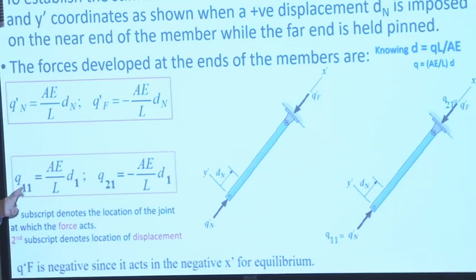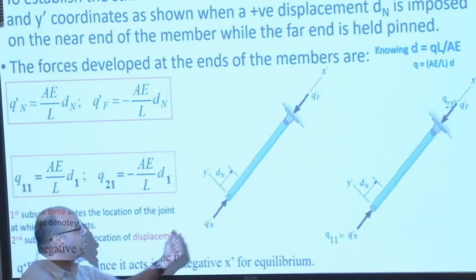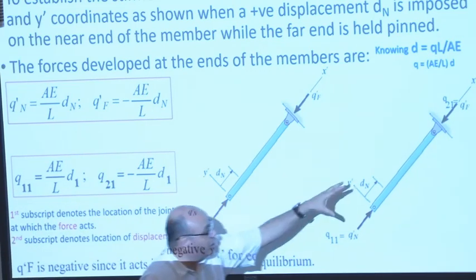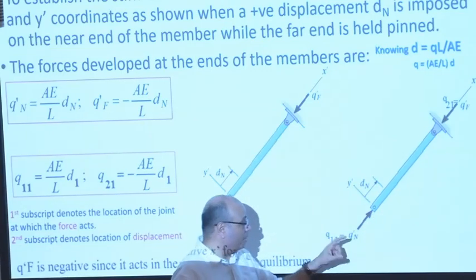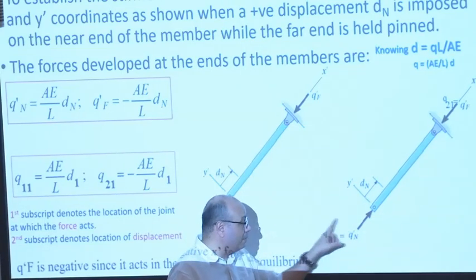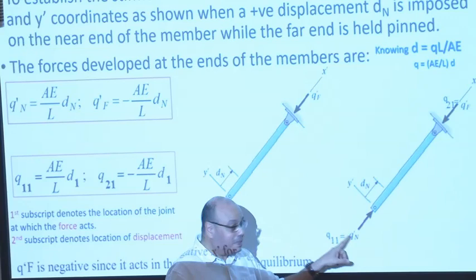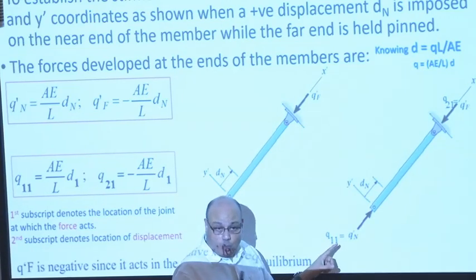The first subscript shows you the location at which the force is acting. The second subscript designates the deformation at the first node. That is very clear right here. So I'm copying from this member to that member and telling you that this first element, which is Qn prime, is the same as Q11. What does that mean?